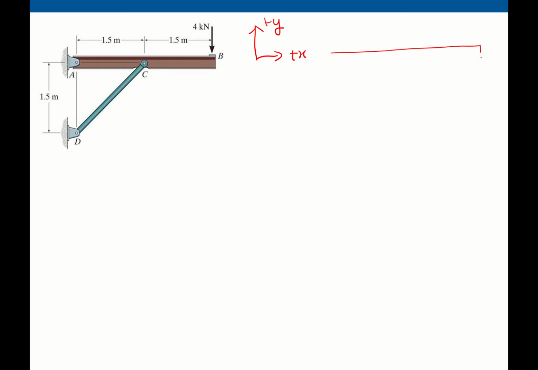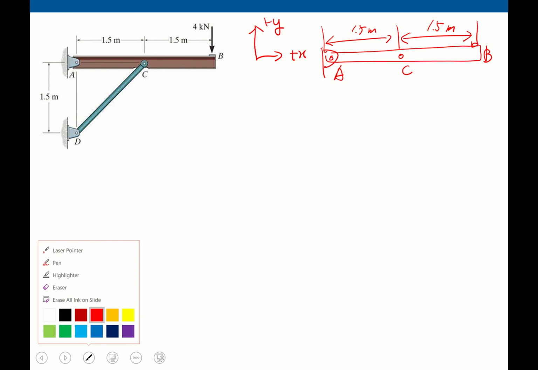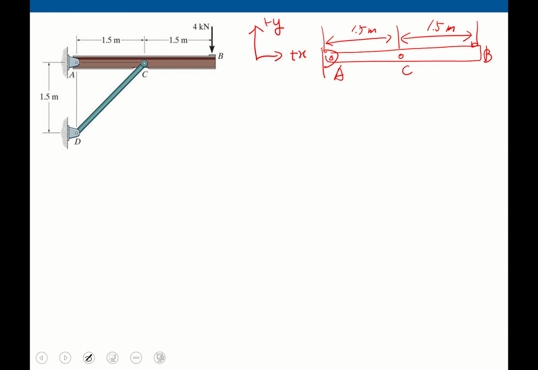Let's draw the idealized models. Point A is pin connected, and point C is also pin connected, and at B we have 4 kilonewton.